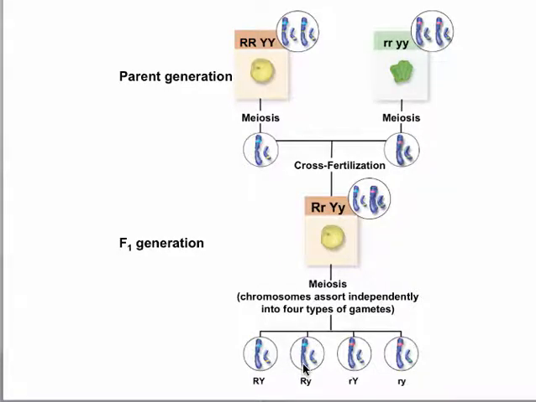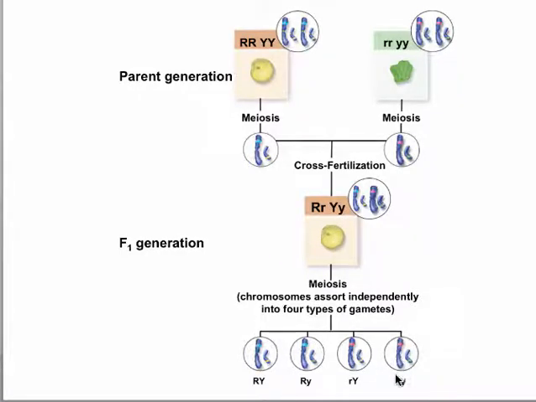But it can also have the shape chromosome from one parent and the color chromosome from another parent. So it can have round and green, which is a new combination that we didn't have in the parent generation. Or it can have the opposite: the wrinkle from one parent and the yellow from the other parent. So this is again a new combination of chromosomes that did not exist in the parents.